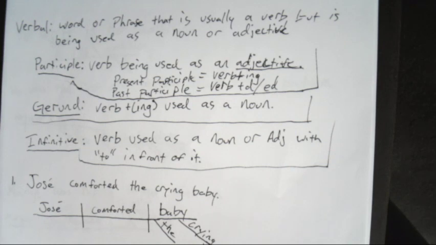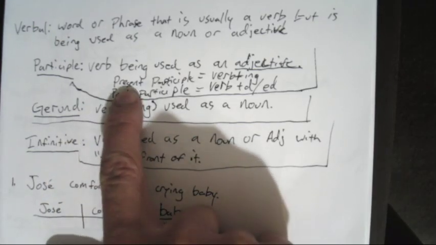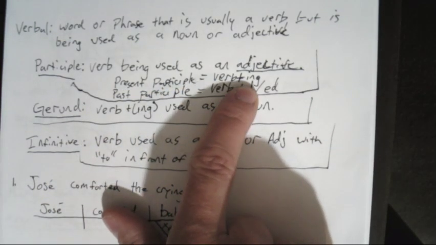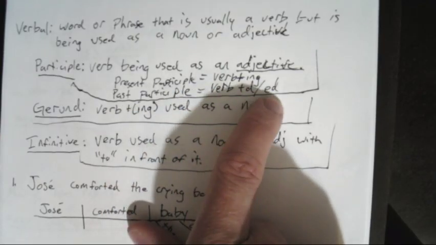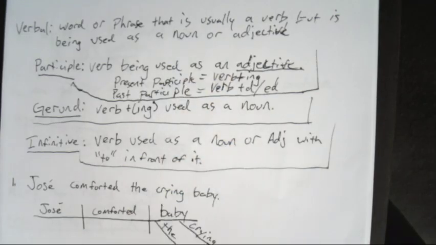Okay, the verb is going to be either a present participle, past participle, or future participle. So, keep an eye out for that. If it's a present participle, it'll be verb plus ing. If it's a past participle, it'll be verb plus d or ed, the past tense of the verb.